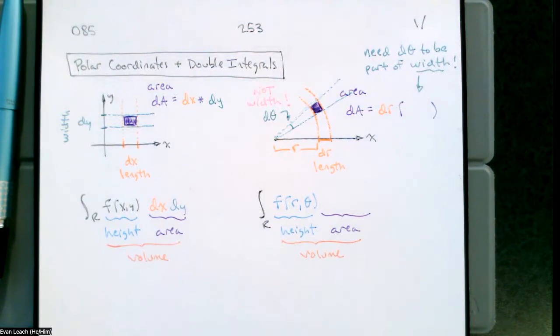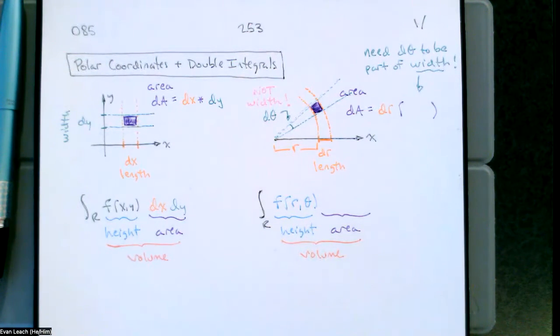So instead of our function being some curvy, floppy surface, we just flatten it out above some small rectangle in the XY plane to calculate the volume, and then we integrate, which is just adding up all those rectangles. Well, rectangular solids.